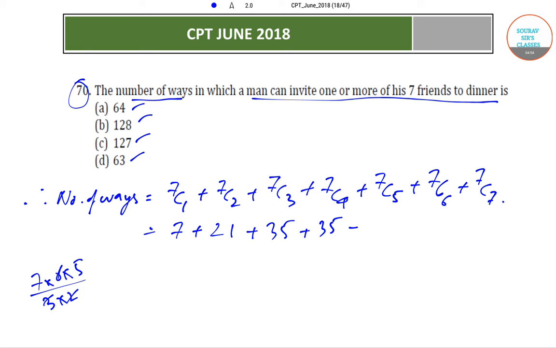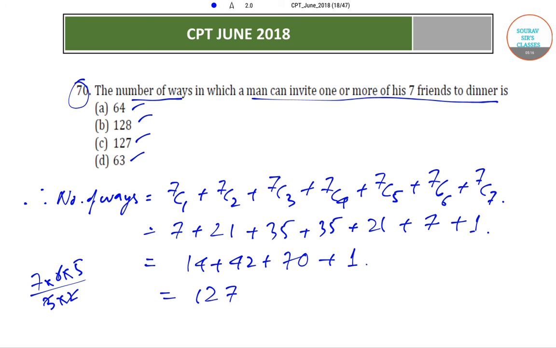So this will be 35, then 21, then 7, and for 7C7, the only way he can invite all 7 friends is in one way. So this will be 7 plus 21 plus 35 plus 35 plus 21 plus 7 plus 1, which equals 127, which is option C. So option C is the correct option.